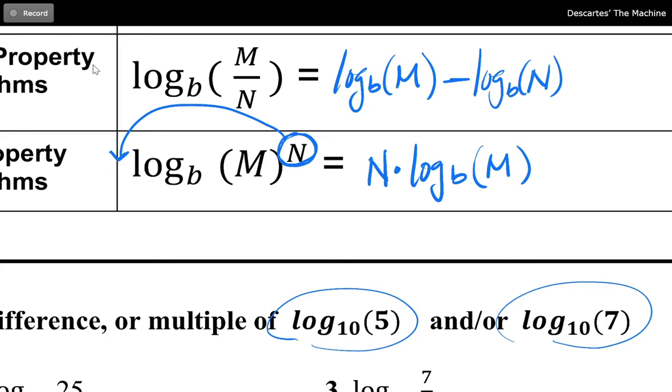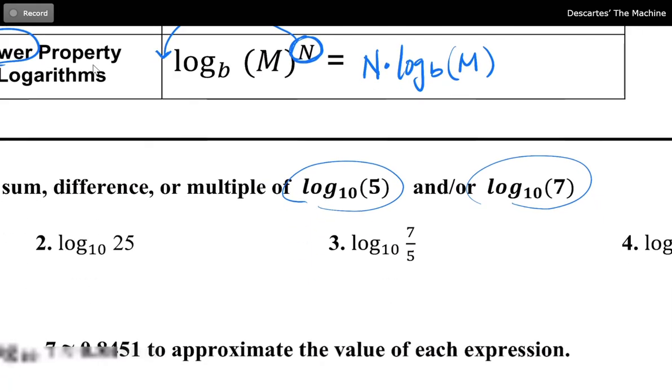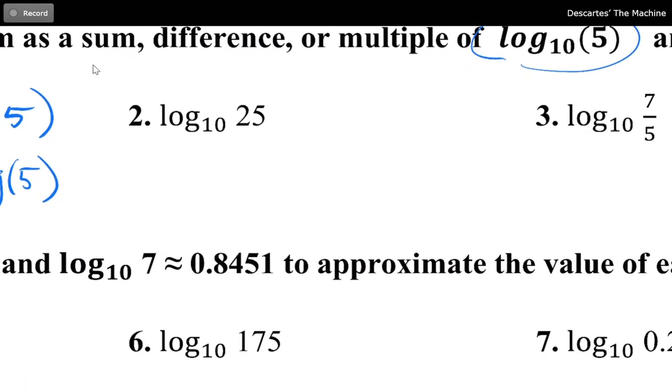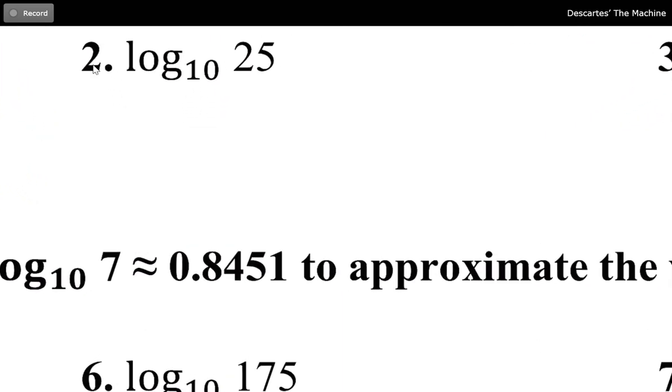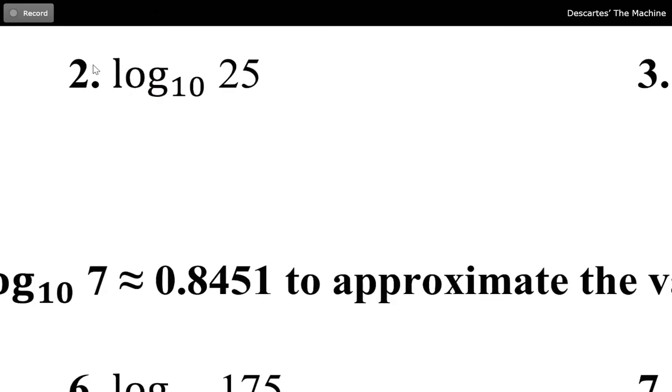So what we can do then is we can take an exponent and we can turn it into a multiplier. So let's see now how this works here on number 2. So log base 10 of 25. Gee, how do I write the power here as something 7 or 5 or some combination of them? Well, this becomes log of 5 squared.